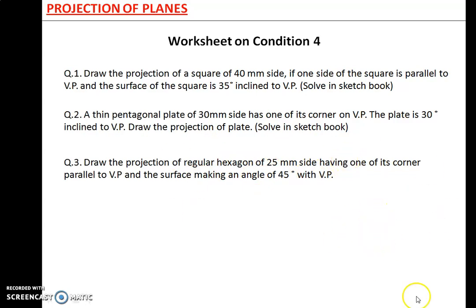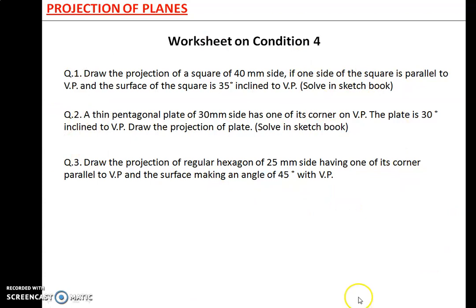Okay. So it is simple. First is about square, next is pentagon, and the third one is hexagon, same as what we have done for condition number 3. Only here instead of rectangle it is square. There was pentagon, there was hexagon in condition number 3. So you just go through condition number 4, which we have discussed just now, and try to solve these problems.